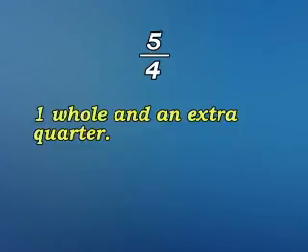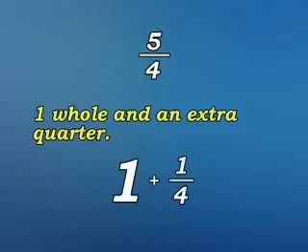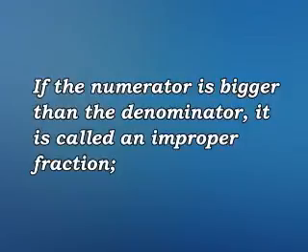So you can write it like this, 1 plus 1/4. The rule is, if the numerator, that's the number on top, is bigger than the denominator, that's the number below, it's called an improper fraction.